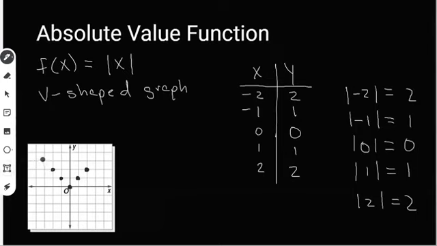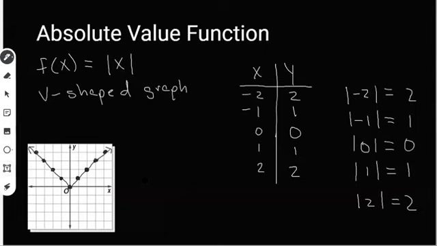And you can keep on doing this pattern, right? The pattern's going to keep on going like that, and on this side like that. And then you connect all the dots with straight lines as best as you can. That's as good as you're going to get.